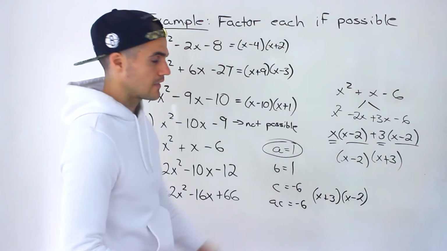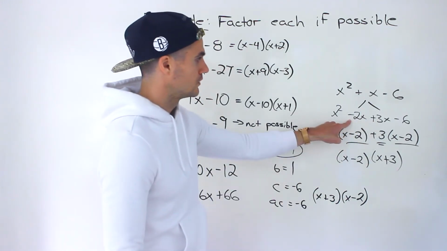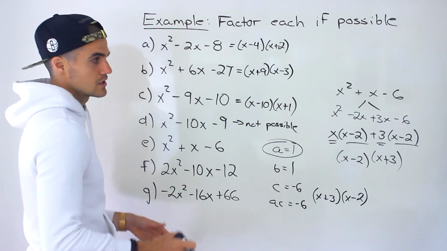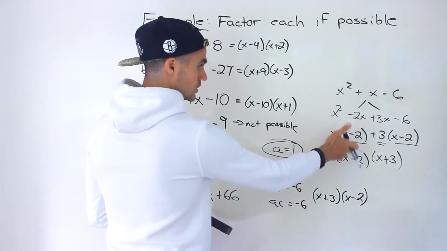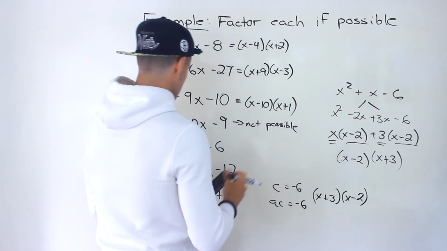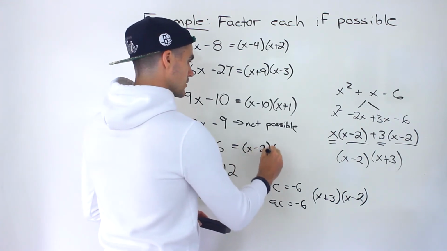Exact same thing that we got before. So it doesn't matter which order you decompose that B value in. Once you get those two values, if you do the correct factoring by grouping process, you should get the same answer. All right, so part E factors into x minus 2 times x plus 3.